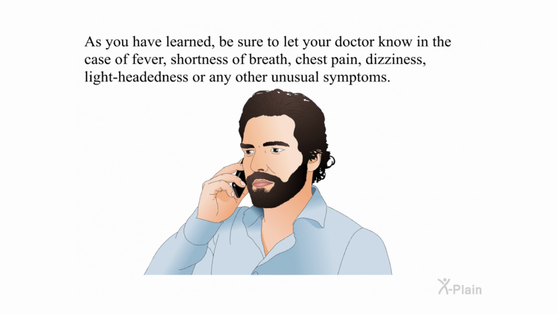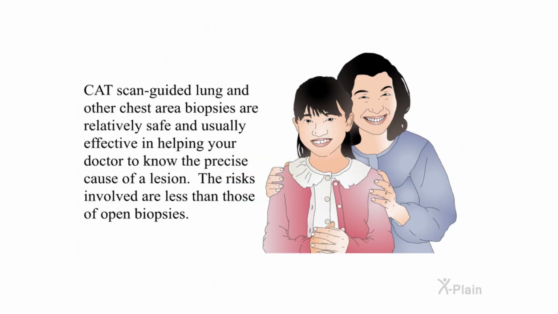As you have learned, be sure to let your doctor know in the case of fever, shortness of breath, chest pain, dizziness, lightheadedness, or any other unusual symptoms. CAT scan guided lung and other chest area biopsies are relatively safe and usually effective in helping your doctor diagnose the cause of a lesion. The risks involved are less than those of open biopsies.